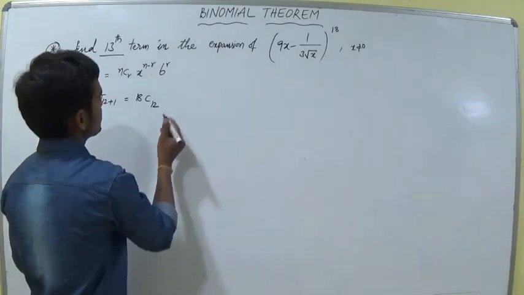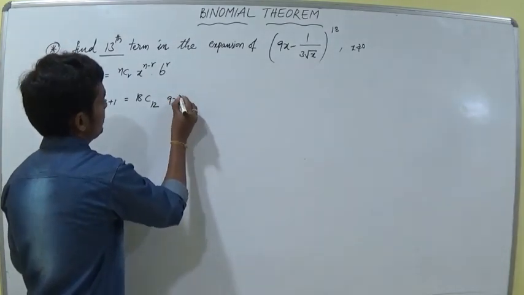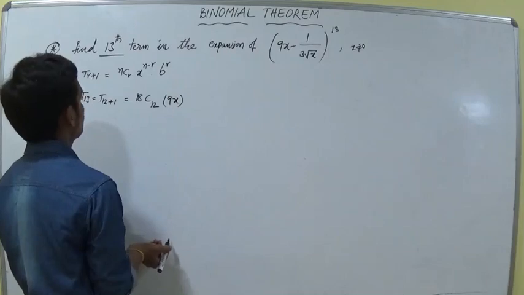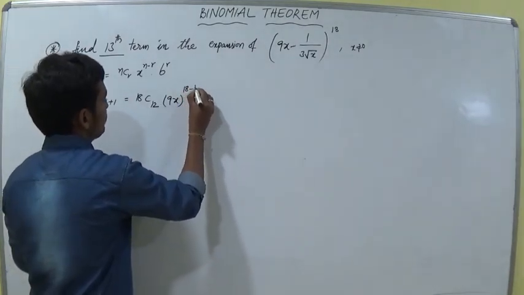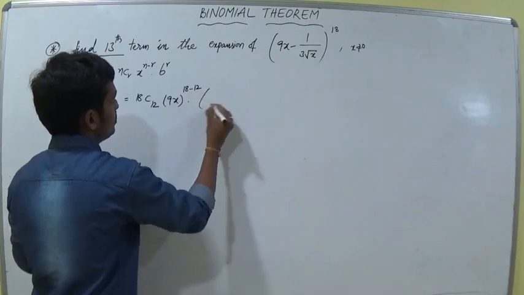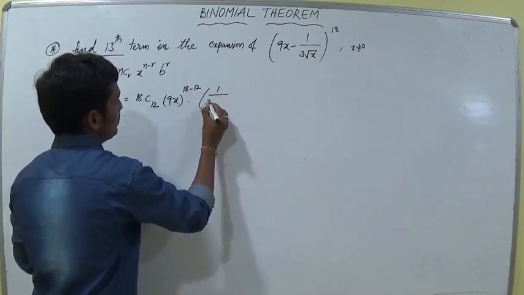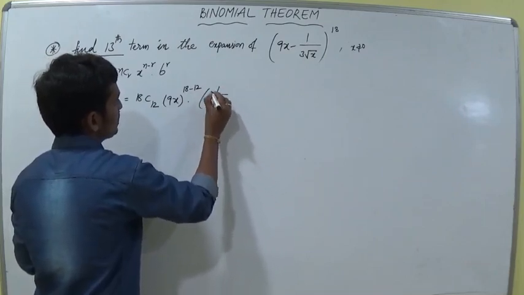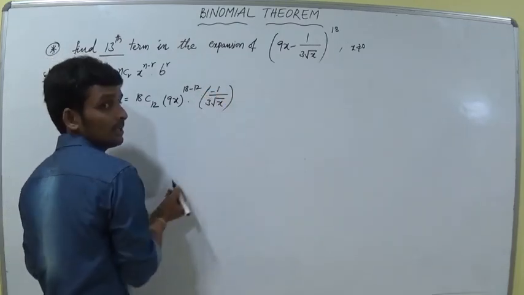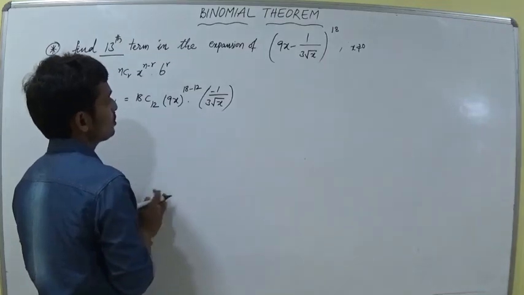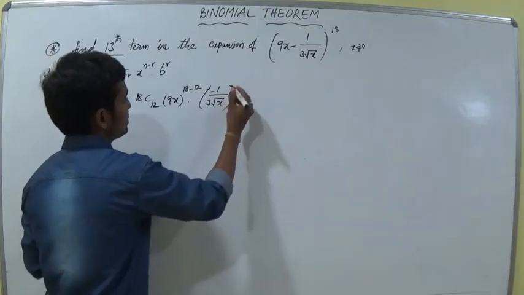X value is 9x, so 9x whole to the power of 18 minus 12, into minus 1 by 3 root x whole to the power of r value, which is 12.